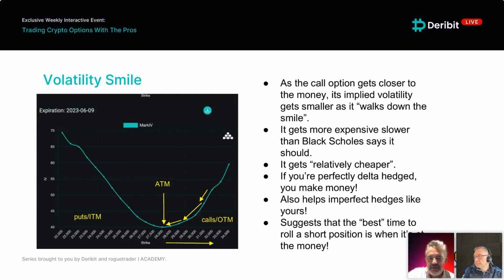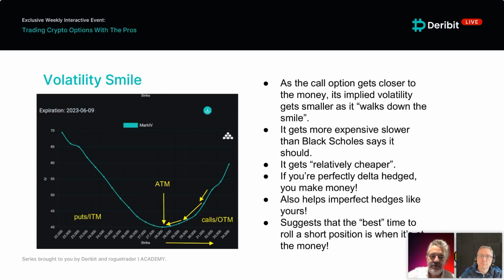And there's something else about this graph, which is if we're saying that the option is getting relatively cheaper, the way I visualize this is that the option is walking down the smile as the market's marching up. It works in reverse on puts, by the way.